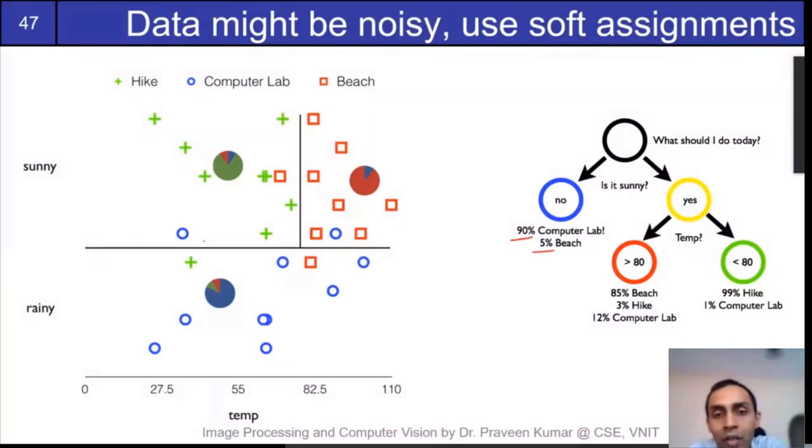So depending on whether the point is near the boundary and what the boundary was, you can come up with some confidence score. And you say, okay, 90% I would say you would be inside, and 5% you would be outside, and so on. So these kinds of methods are also there. You can actually go for soft assignments using maybe some fuzzy logic or whatever along with your decision tree.